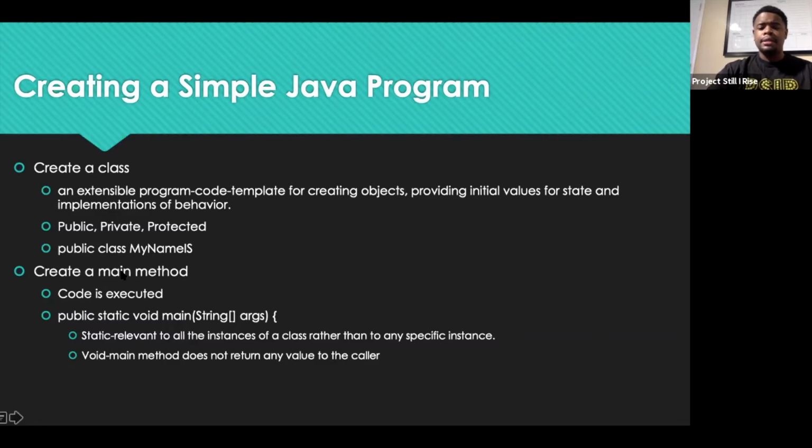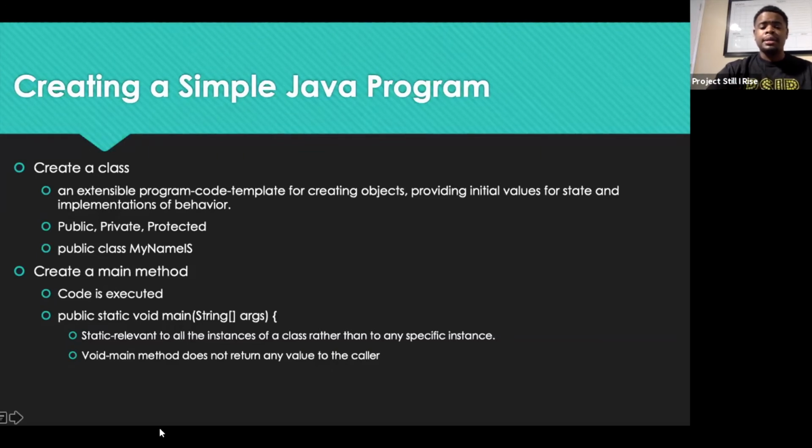And then next is we have to create a main method. A main method is where your code is going to be executed. So whatever you program in that main method is what the program is going to execute when it comes back to you. And so in order to create the main method, you have this simple line below: public static void main parentheses string brackets args parentheses and then an opening bracket.